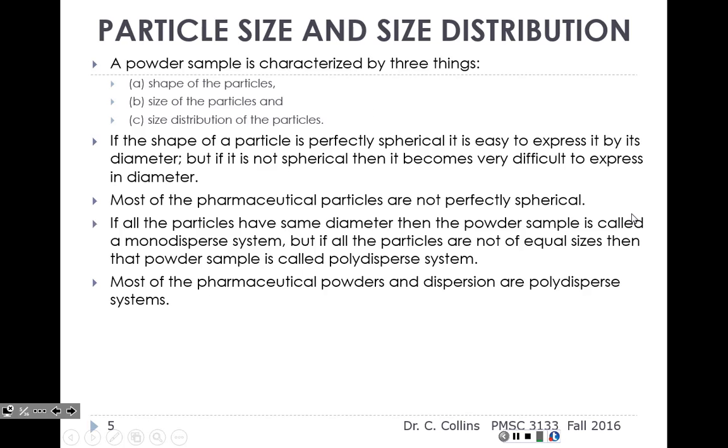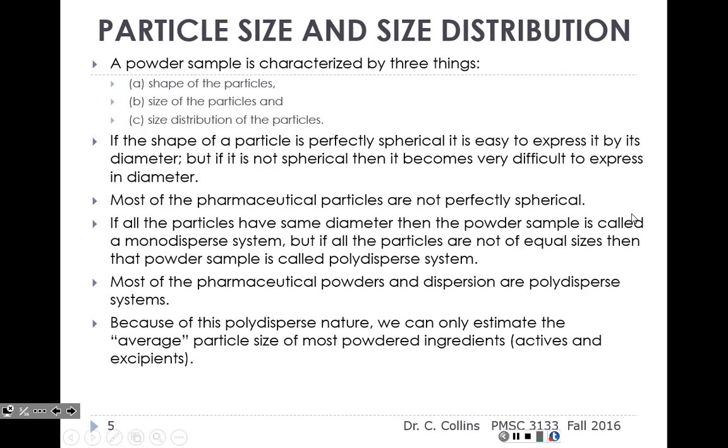So, and I just said this, most systems that we deal with, even if they're approximately spherical, are polydispersed, because to get something that's monodispersed would be extremely difficult and very expensive. So that's why we estimate the average particle size. There'll be some bigger, there'll be some smaller.